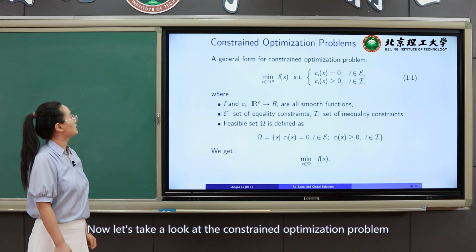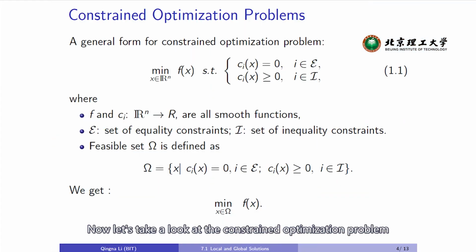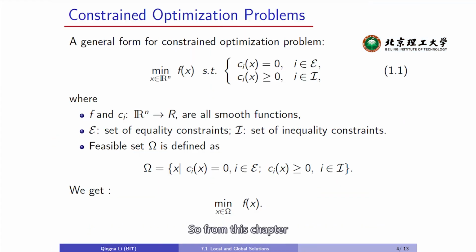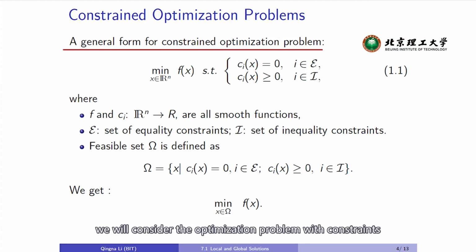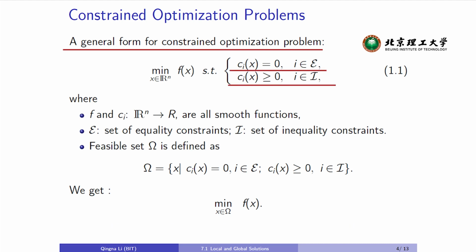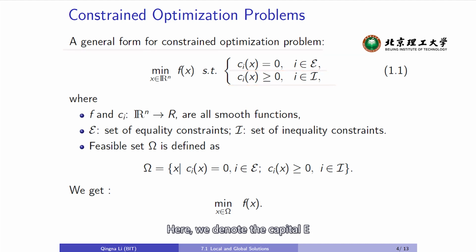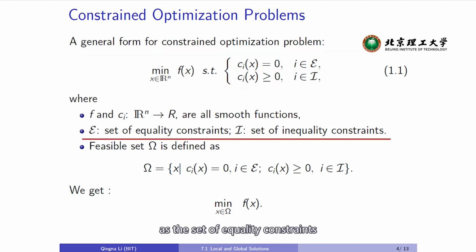Now, let's take a look at the constraint optimization problem. From this chapter, we will consider the optimization problem with constraints. We have equality constraints and inequality constraints. Here, we denote the capital E as the set of equality constraints and capital I the set of inequality constraints.